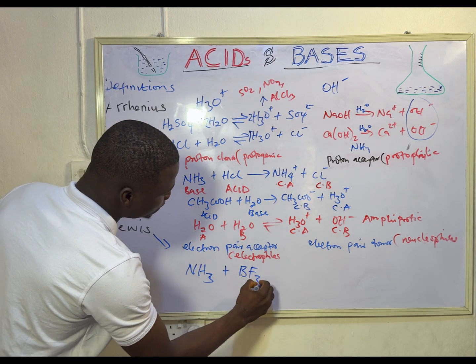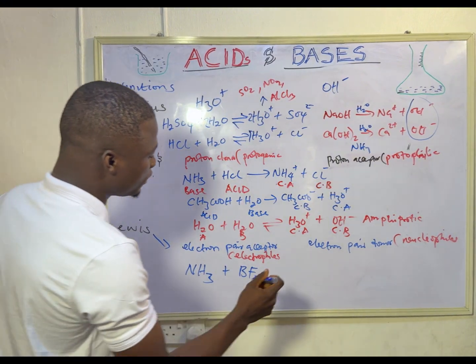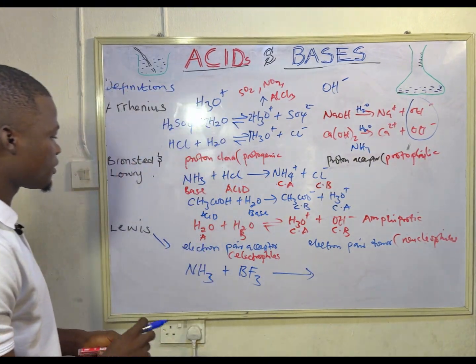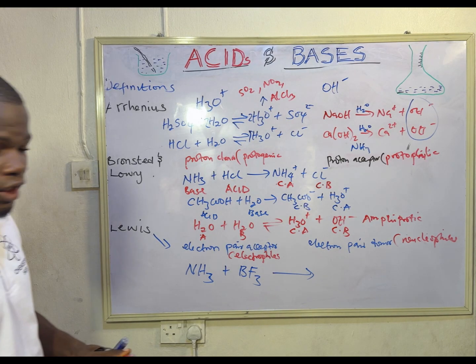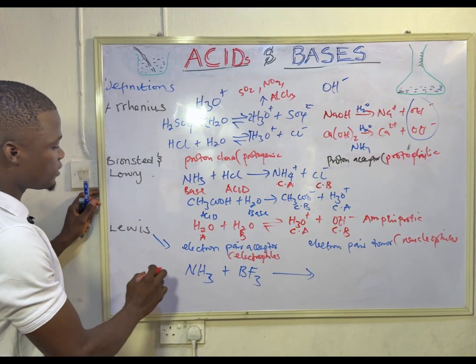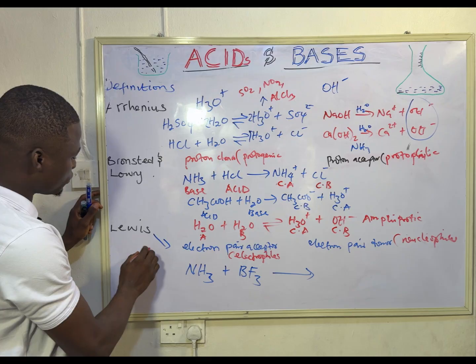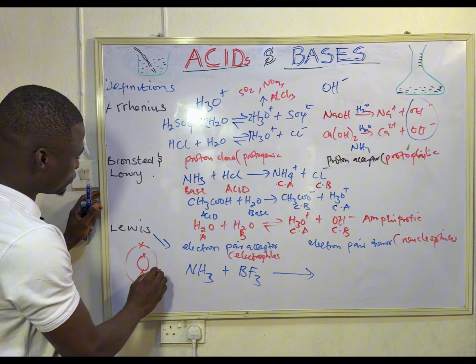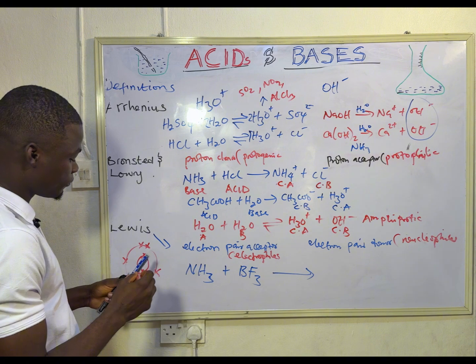boron fluoride. Now, this will give us a complex. Now, in the ammonia molecule, the central atom, nitrogen, has 2, 3, 4, 5 electrons.